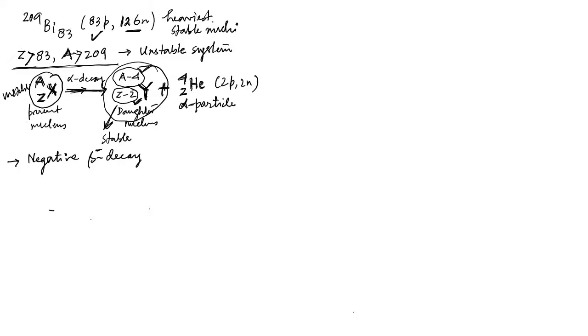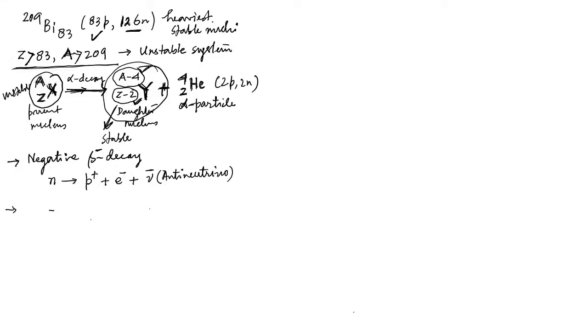So I put a negative sign here. What happens is that a neutron of the system becomes a proton of plus charge, and then an electron comes out, and then we have an antineutrino.